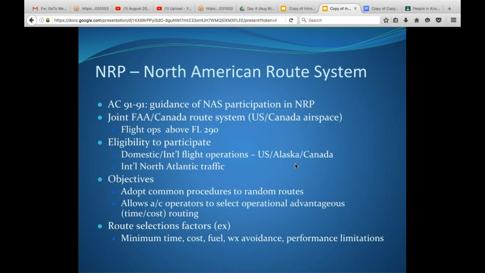All right, so the North American route system, basically it's a joint FAA and Canada route system, and it's for flights above 29,000 feet. It's going to be domestic, international flight operations. This is something that we don't really usually spend too much time on.